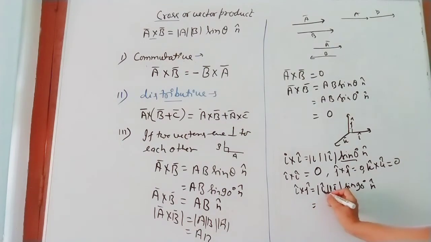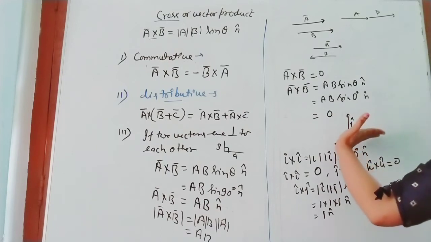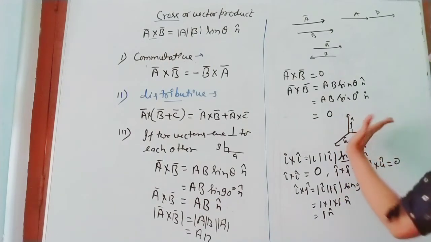You know the magnitude of any unit vector equals 1, and sin 90 equals 1. So this is 1 times the unit vector n. This n shows the direction only. So what would be the direction?